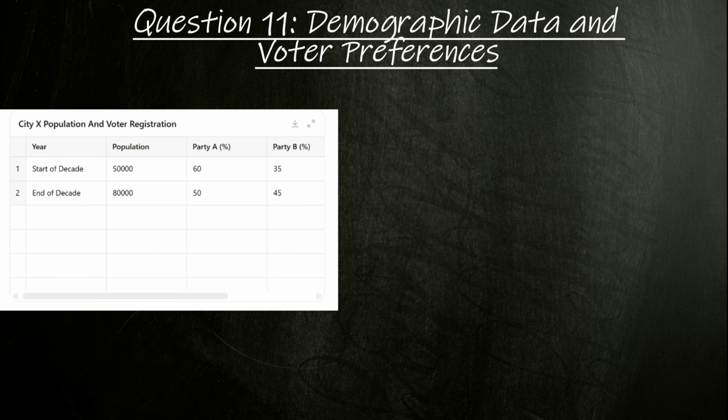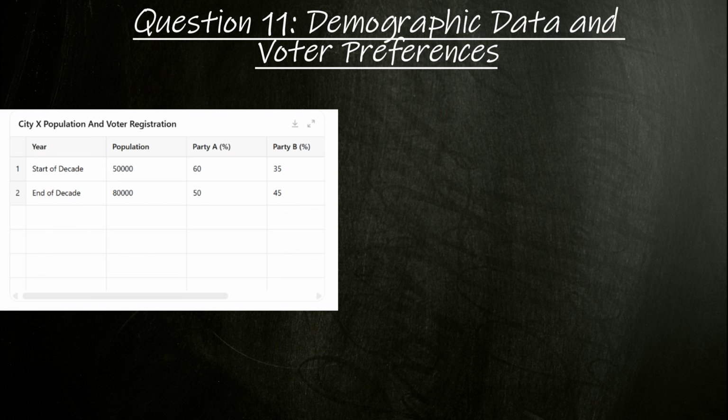The next two columns show voter registration percentages for two political parties, Party A and Party B. At the start of the decade, 60% of voters were registered with Party A, while 35% were registered with Party B. By the end of the decade, Party A's percentage had dropped to 50%, while Party B's percentage had risen to 45%.